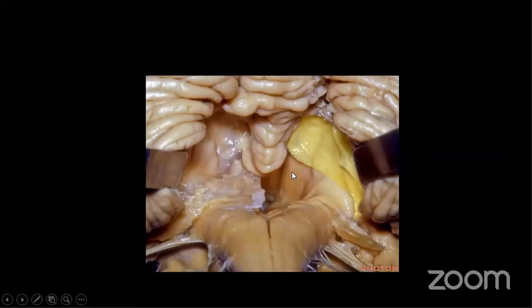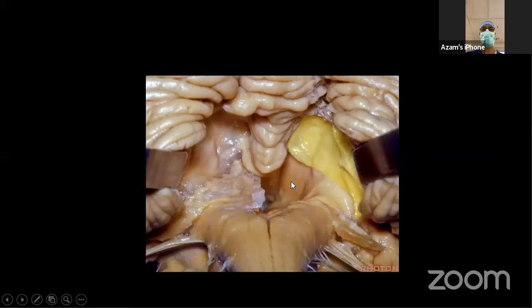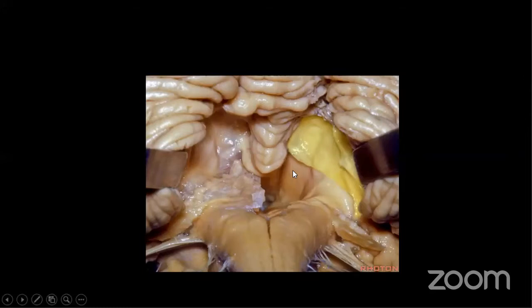This is the superior cerebellar peduncle. I would like to emphasize that we are reaching the roof of the fourth ventricle, but we are reaching the lowermost part, the lower slope of the roof. So if we open up the lower part of the roof of the fourth ventricle, we can visualize the superior cerebellar peduncle here.